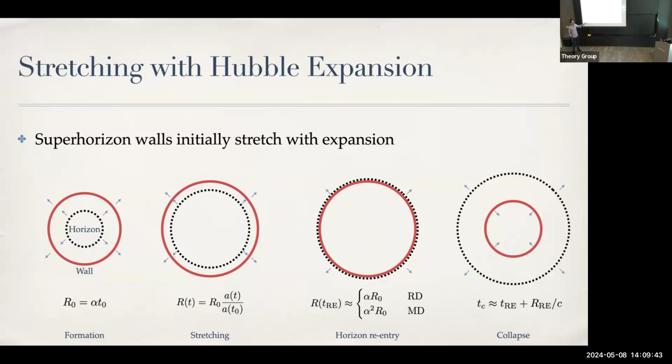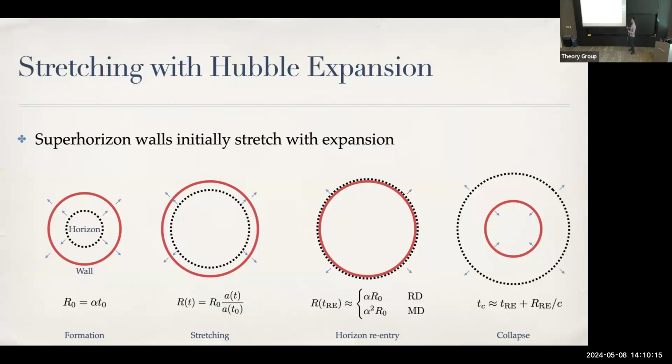However, the horizon scales as time, t, so that means eventually the horizon will catch up to the wall, because the wall scales with a smaller power of time. And the wall has grown in that time. If you just compare when my radius matches my horizon, what you'll find is that the radius of the wall, which has grown, is now a factor of alpha times its initial size in a radiation-dominated era, or alpha squared times its initial size in a matter-dominated era.